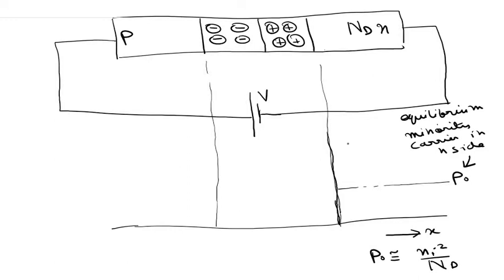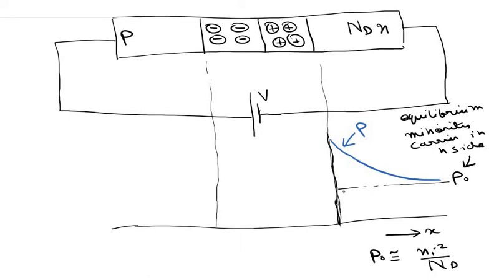So if I draw the graph here, it would look like this. This is the graph of P, the minority carrier concentration in the N side, and just outside the depletion region this excess minority carrier concentration builds up.